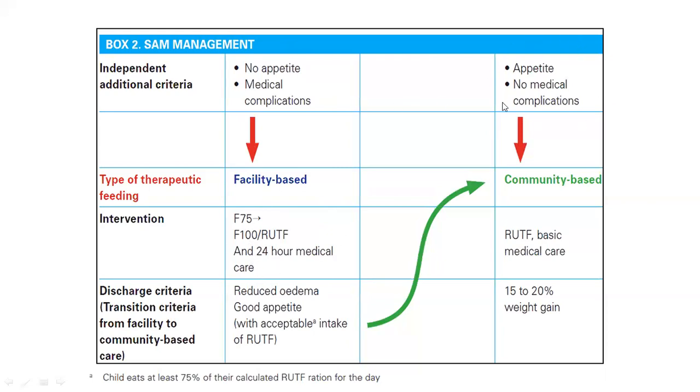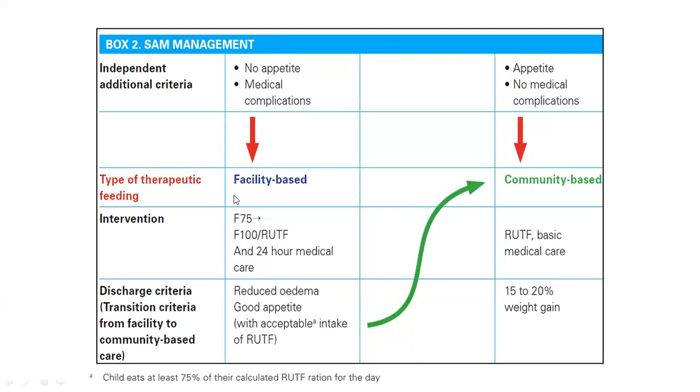Whereas a patient with good appetite and no medical complications can be managed on a community basis, where they are given feeding and basic medical care. And a weight gain of 15 to 20% would be the criterion to label that there is a transition from severe acute malnutrition to normality.